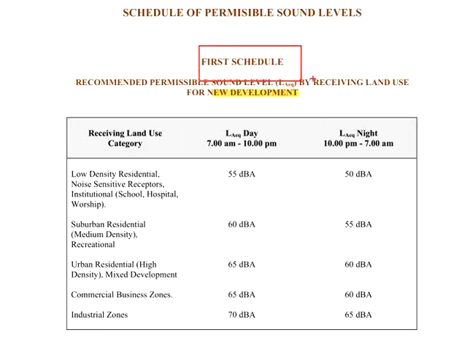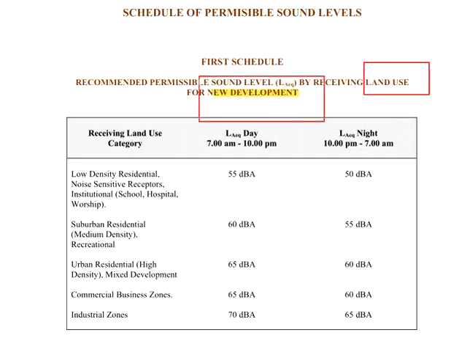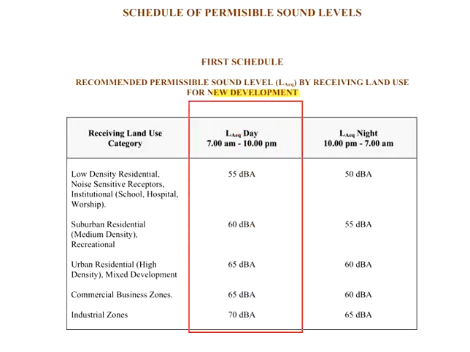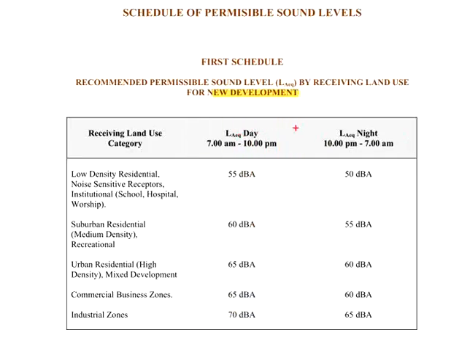The first schedule here shows the recommended permissible sound level by receiving land use for new development. This represents the desired limits used for new industrial, commercial, or housing areas, which classify the permissible sound level into 2 categories: daytime and nighttime.